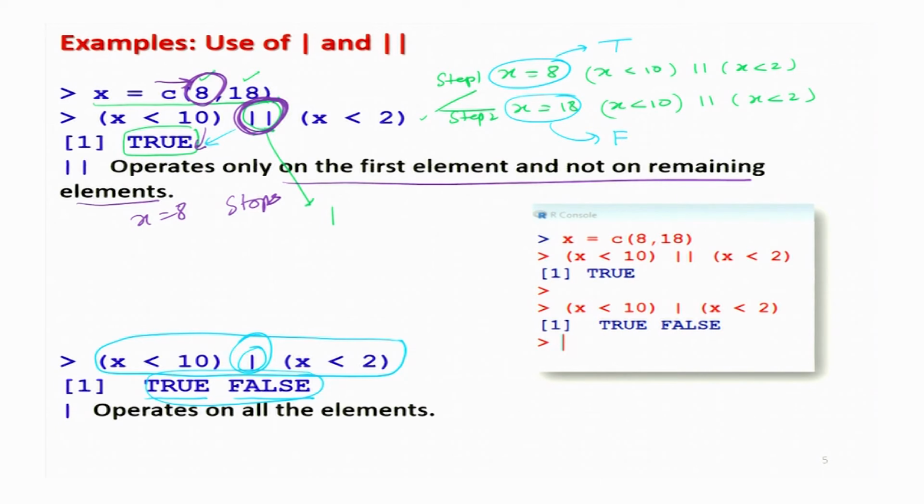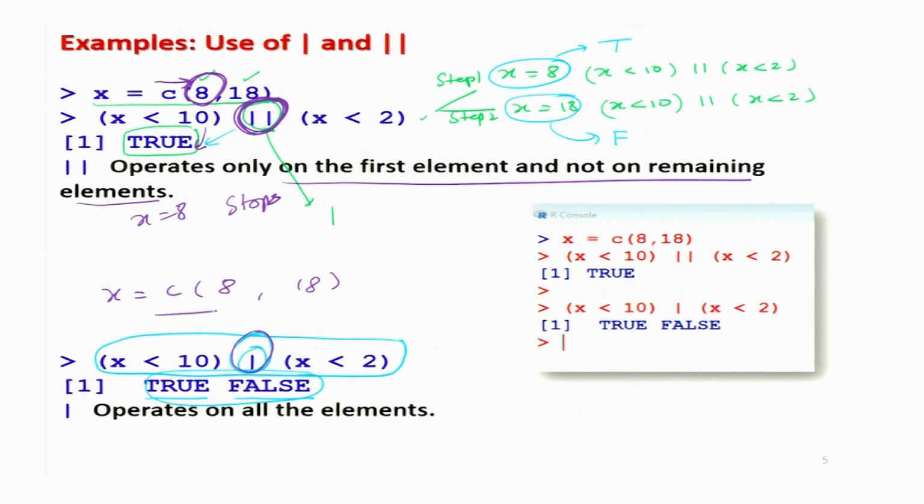On the other hand, when you use only the single operator, that means only one vertical line, and you write x equal to c(8, 18), R starts working.